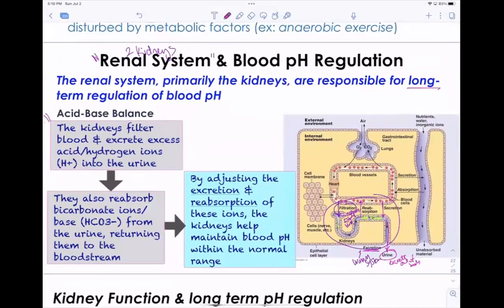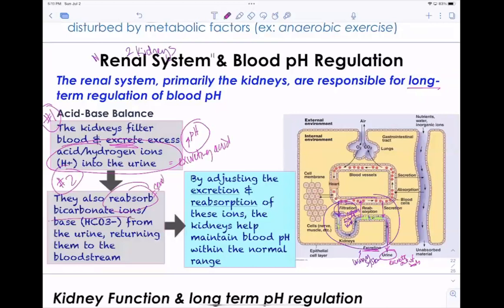So again, I kind of box this out for you. One, the kidneys filter blood and are going to excrete, or get rid of, excess hydrogen ions into the urine filtrate. That would raise pH, right? You're getting rid of acid. Second thing it can do, it can reabsorb bicarbonate, or base.